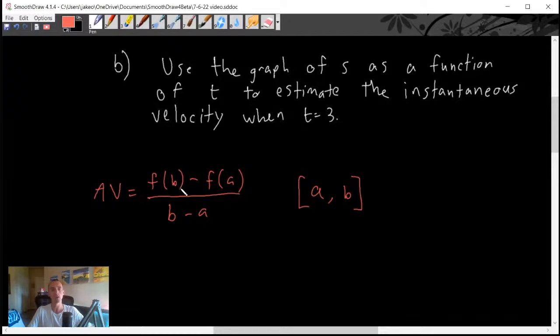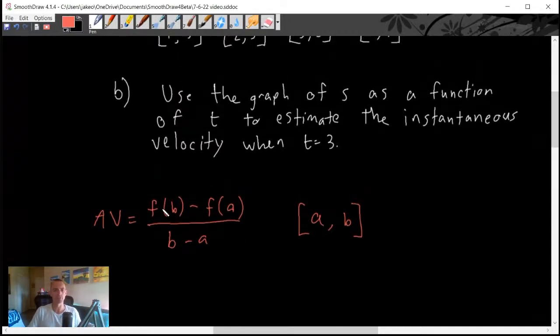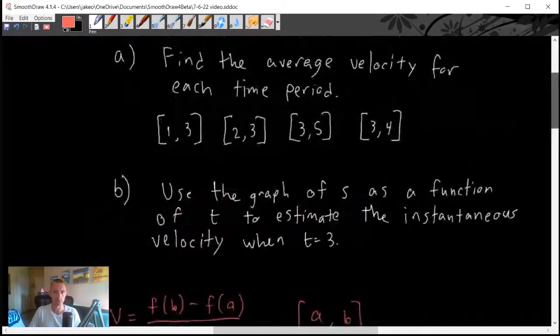So basically the output of whatever we get from plugging in our right endpoint into the function minus whatever we get from plugging in our left interval endpoint into the function all over our right interval endpoint minus our left interval endpoint.